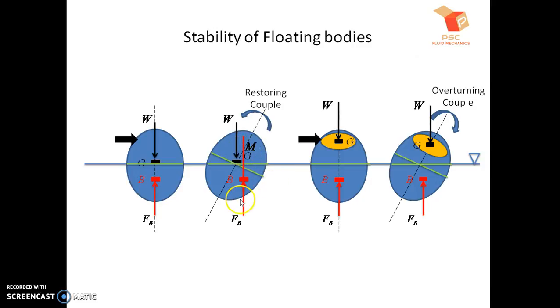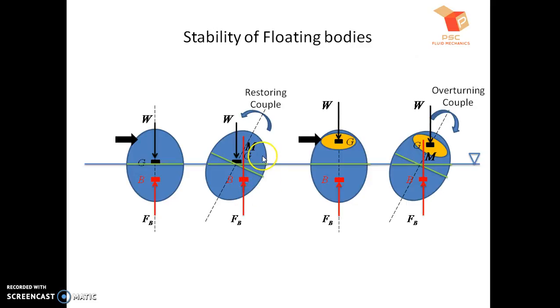So extending the line of action of the force of buoyancy, the point where it intersects the body axis is known as the metacenter. In this case the metacenter M is above G. Similarly, if we extend the line of action of the buoyant force in the second case, it will also intersect the body axis somewhere here, and marking this point as M, in this case the metacenter is below the center of gravity.